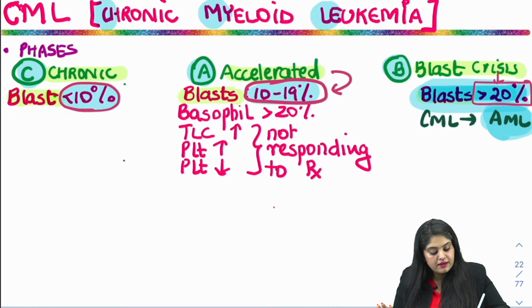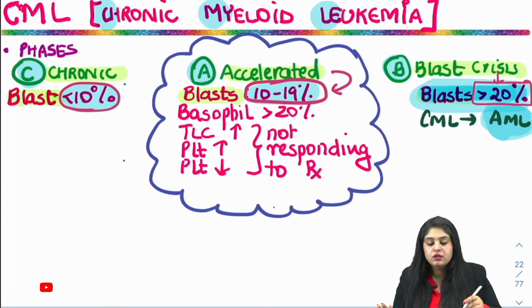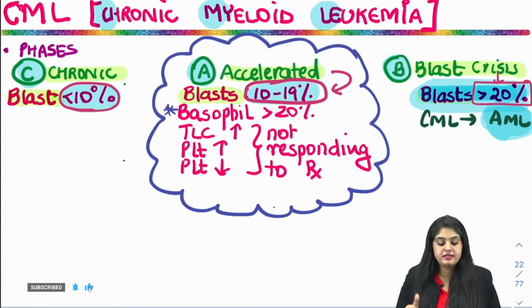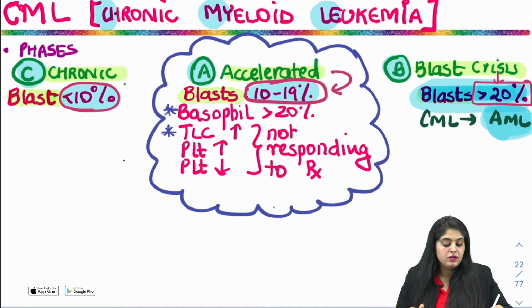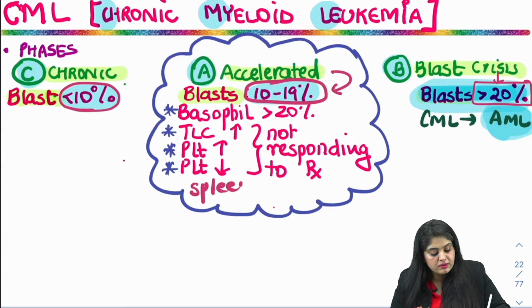After this, whatever is mentioned will be for the accelerated phase only. If they say that the basophil count is more than 20%, accelerated phase. If they say that the WBC count is very, very high, or the platelet count is very, very high or very, very low, or that the spleen is extremely large.